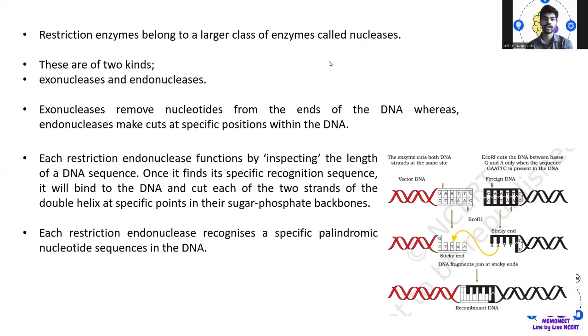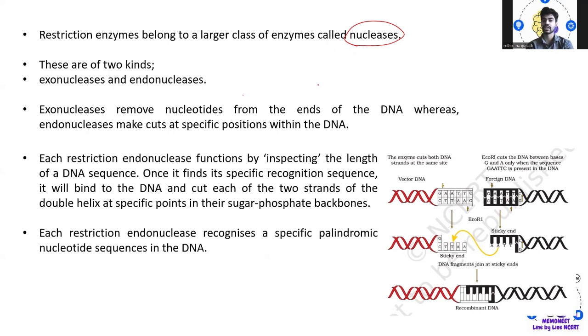Restriction enzymes belong to a large class of enzymes called nucleases, and these are of two kinds: exonuclease and endonuclease. An exonuclease removes nucleotides from the end of the DNA, whereas an endonuclease makes a cut at a specific position within the DNA.